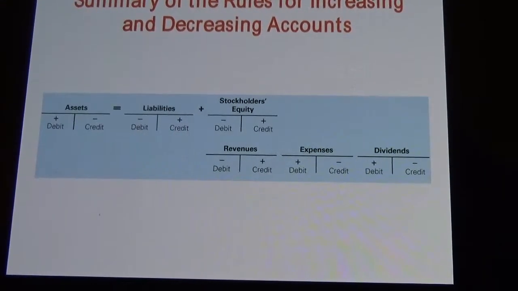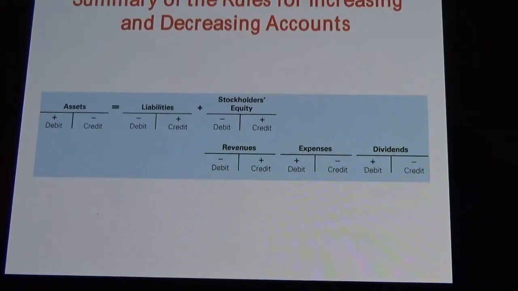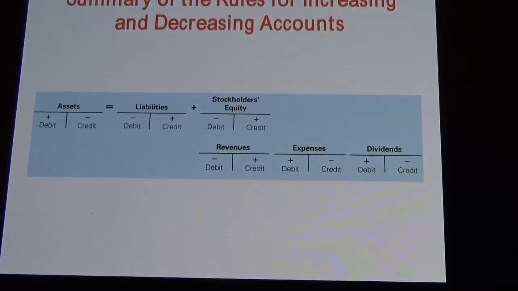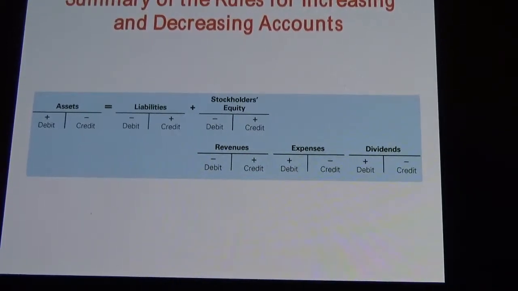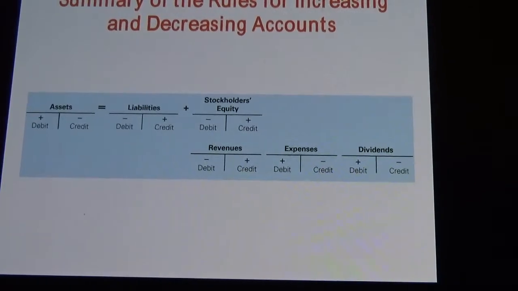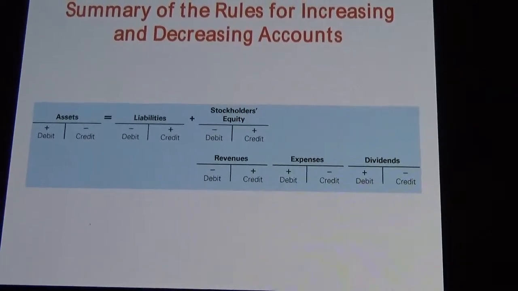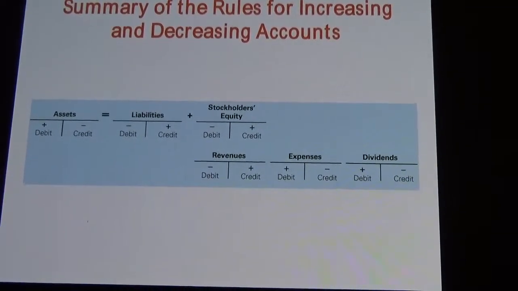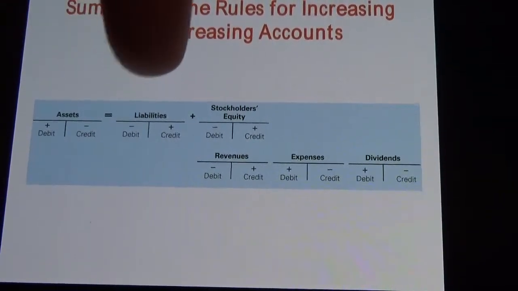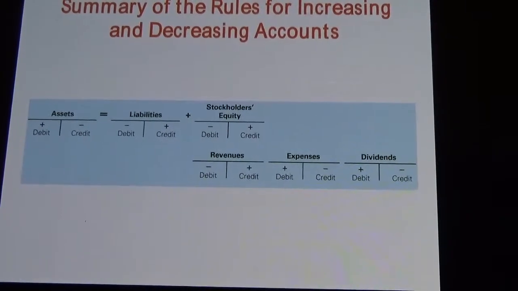Now we add some complication when we think about the revenue accounts and the expense accounts and the dividend accounts. Those are not part of the accounting equation directly, and so to figure out the rules for debits and credits for those accounts, we have to think about how they affect the accounting equation. So here again we see our accounting equation, assets equals liabilities plus stockholders' equity.